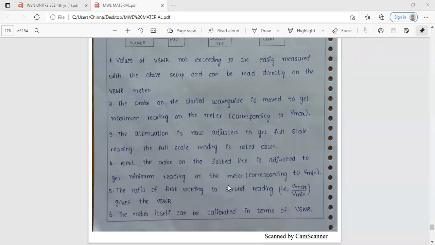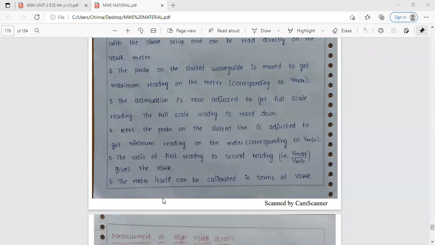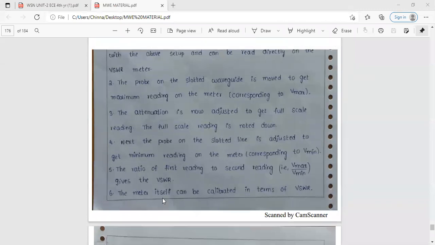There you can read V minimum and note it down at that particular point. The ratio of the first reading to the second reading is V maximum by V minimum, which gives the voltage standing wave ratio. The meter itself can calculate it in terms of voltage standing wave ratio.